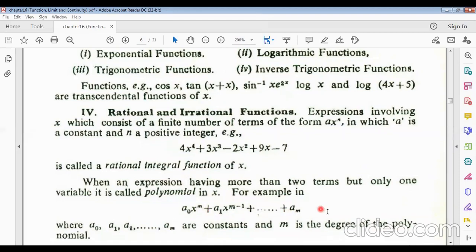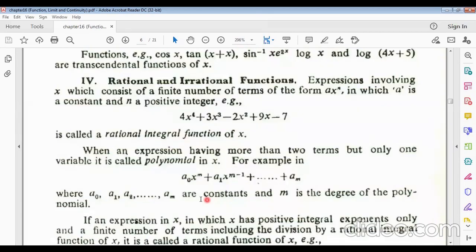This is why it is a polynomial in x, where a0, a1, a2, and so on up to am are constants, and m is the degree of the polynomial. Suppose m is 4 here, then this is a 4-degree polynomial. If the highest power is 3, then it is a 3-degree polynomial. If the highest power is m, then it is a polynomial of degree m.